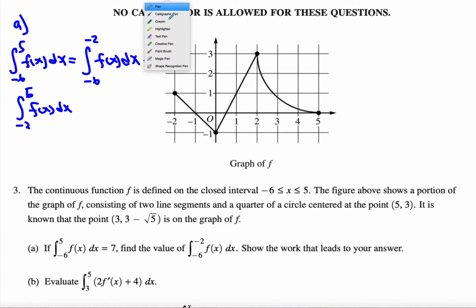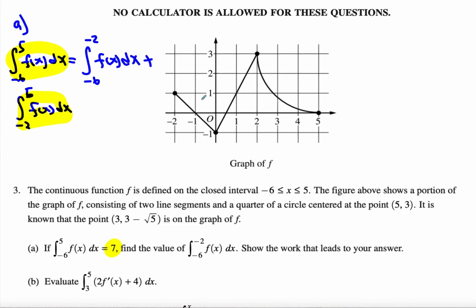So from here, one thing which we get to realize is this is already known as 7. And this we can figure out from the sketch. Hence, we should be able to figure out what this integral must be.